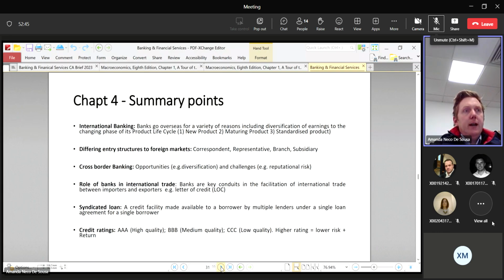In terms of syndicated loan, it's a credit facility made available to a single borrower by multiple lenders under a single loan agreement, and I would remember that as well.